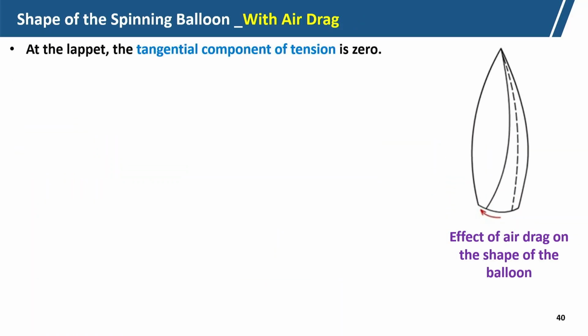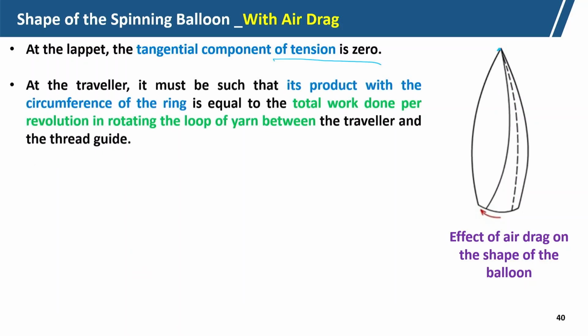At the lappet, the tangential component of the tension is 0, because that is the starting point. We can see here the lappet, and at the traveller it must be such that its product with the circumference of the ring is equal to the total work done per revolution of the rotating loop of yarn between the traveller and the guide.